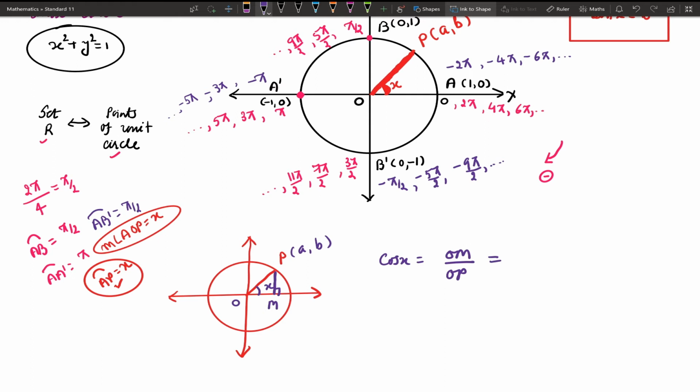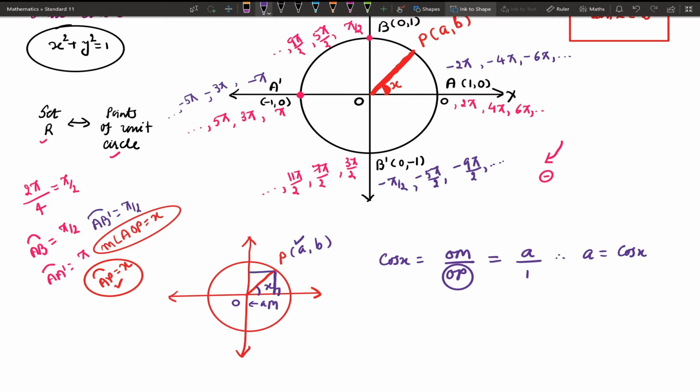OM, the x coordinate, is this distance a, and OP is the radius of the unit circle, which is 1, and therefore you can observe a equals cos x.